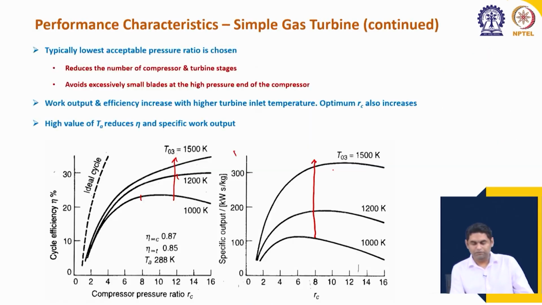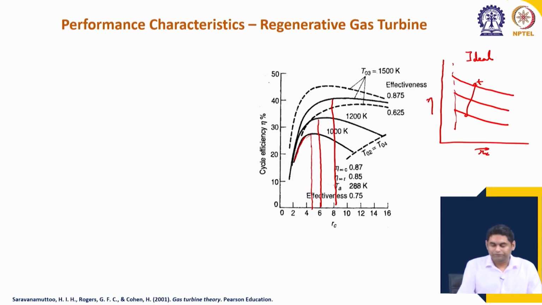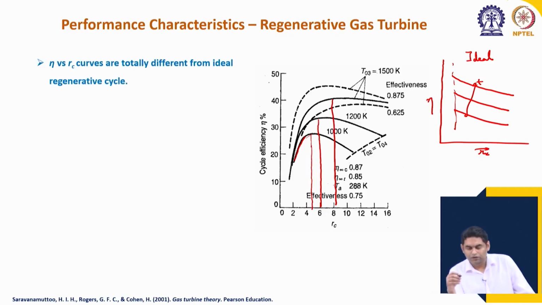Diagrams may not be accurate, but you get the qualitative picture. Here 1200 Kelvin will be much higher, 1500 Kelvin is even much higher. So, the optimum value shifts towards the left, and the regenerator effectiveness also plays an important role.